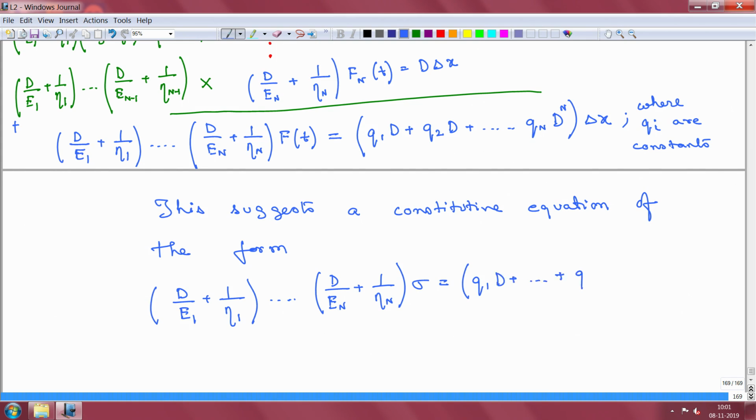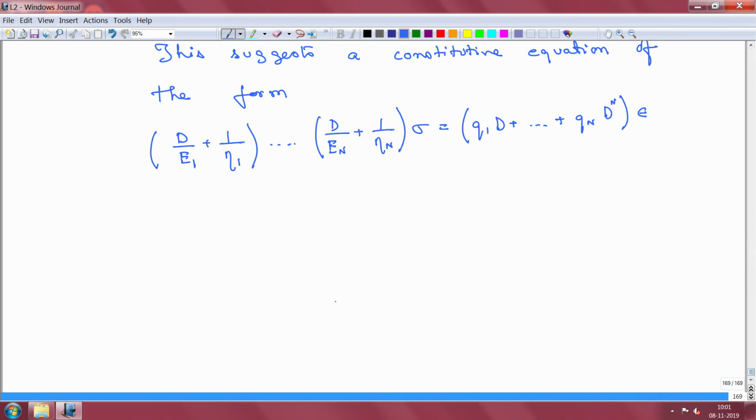There are again n terms here. Sorry, this delta x will now be replaced with epsilon. Okay.